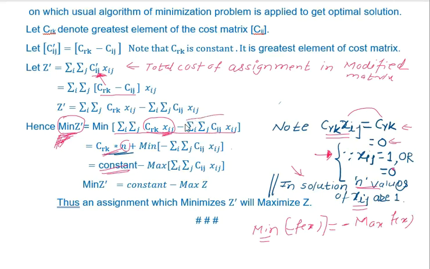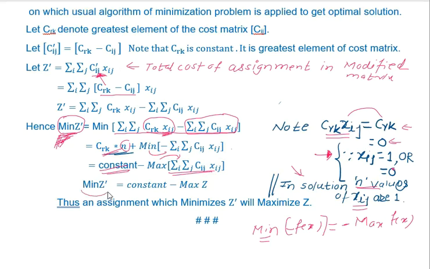So if this is some value with a negative sign and we want its minimum value, and if you take this negative sign common, then it will be equal to minus times the maximum value of whatever the expression is. So the minimum of a negative term is equal to the negative of the maximum of this term without the negative sign. So the minimum of this expression changes to the maximum of this expression if you take minus 1 common.